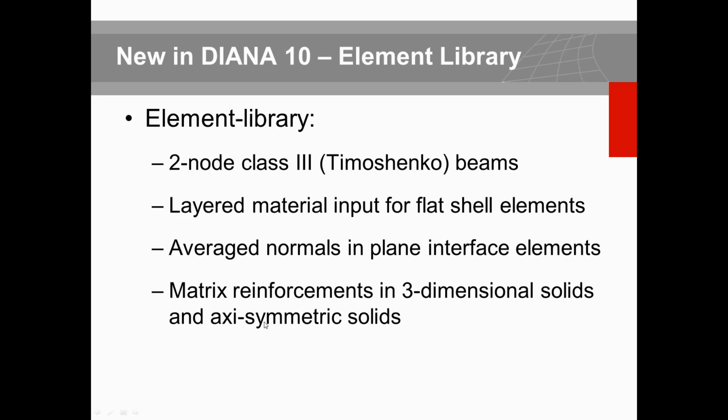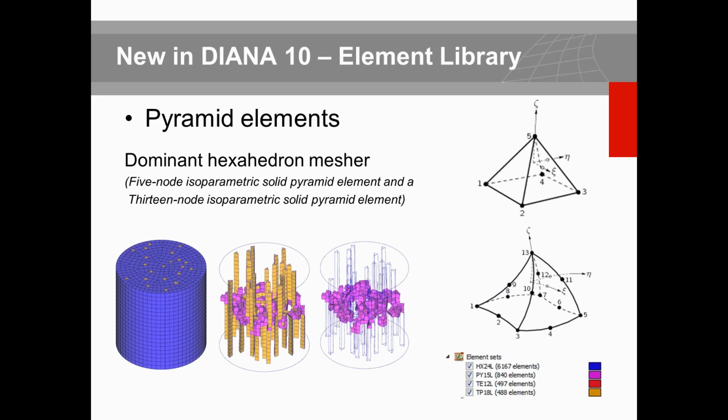And indeed, the matrix reinforcement or smeared reinforcement concept in three-dimensional solids that I gave you a heads up about in the previous slide. The new elements that we have defined also include a 5-node pyramid and a 13-node pyramid that work with the dominant hexahedron mesher.